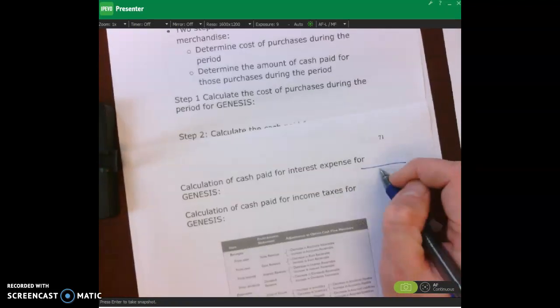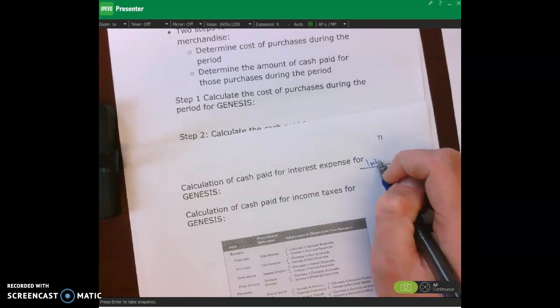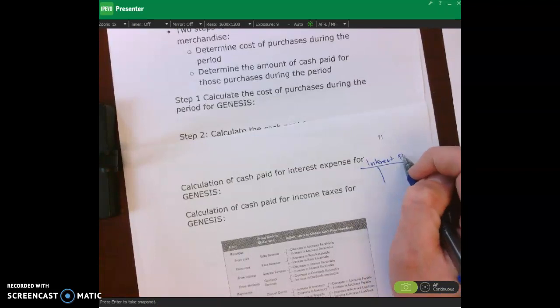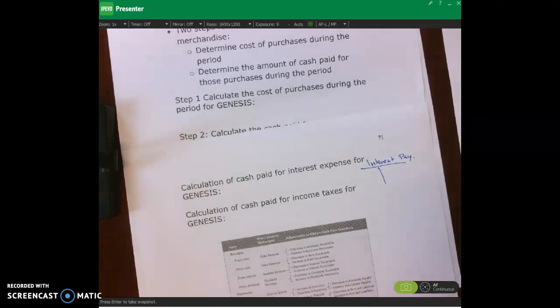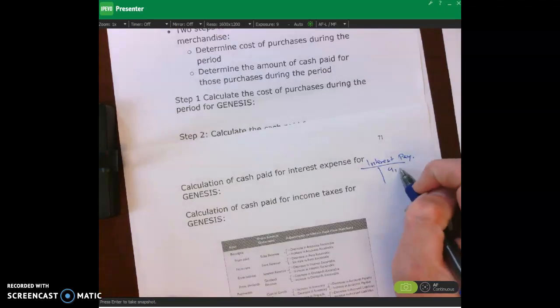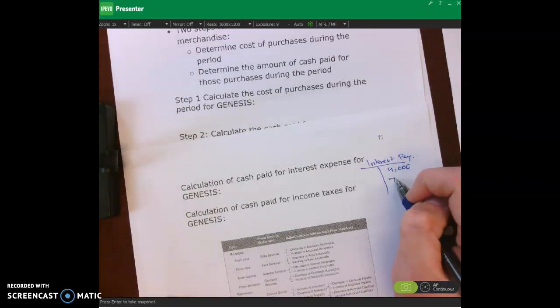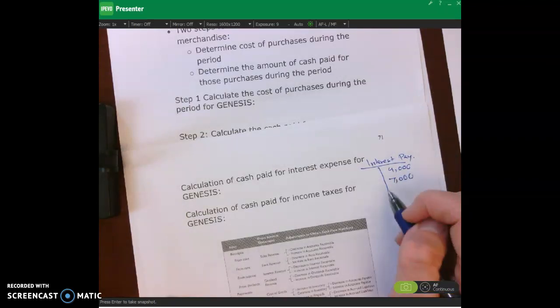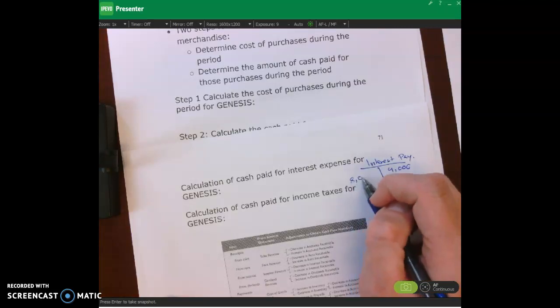Okay? Let's walk through the same problem for interest expense and income taxes expense. With interest expense, I'll look at my interest payable. I have my beginning of 4,000. And then if I look at my interest expense, I had 7,000 from the income statement, 3,000 ending. That means I have $8,000.